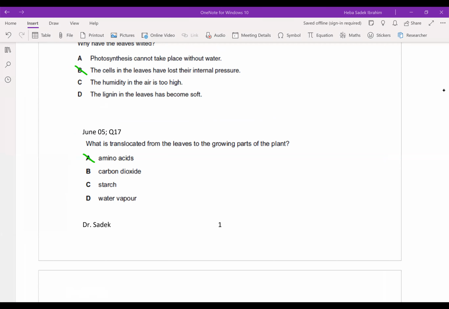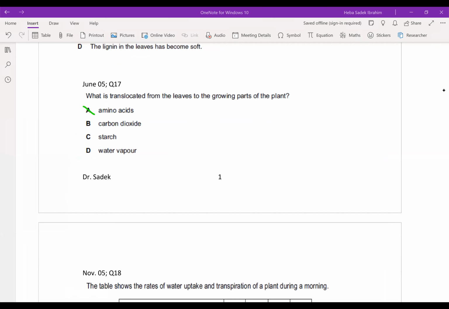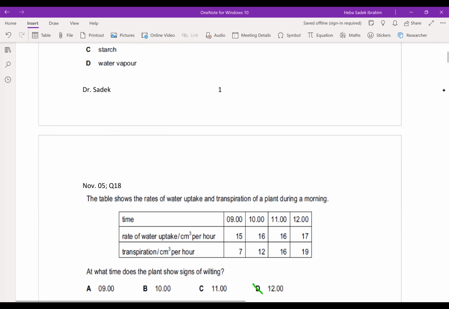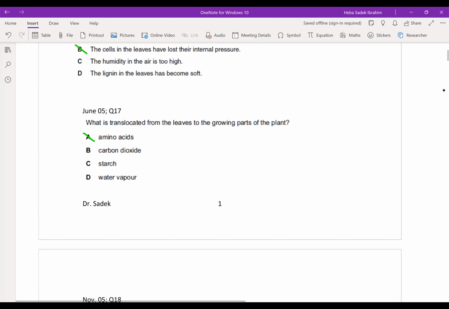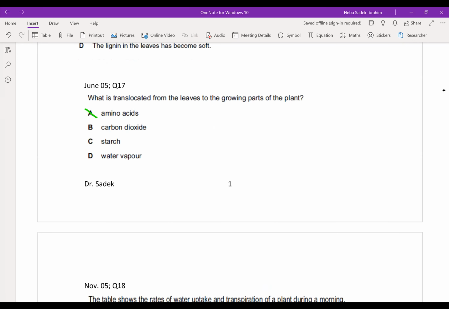So this is how the food is going to be transported inside the plants. The food is transported in the phloem vessels as amino acids and sucrose in solution.